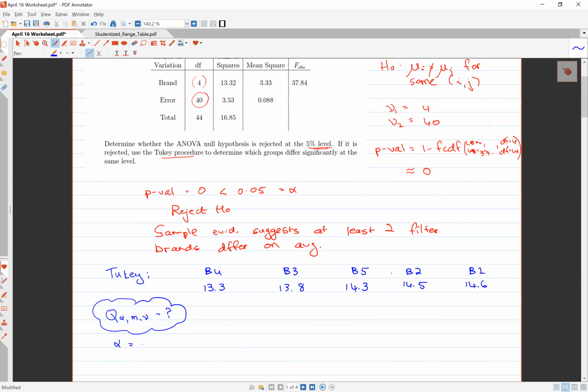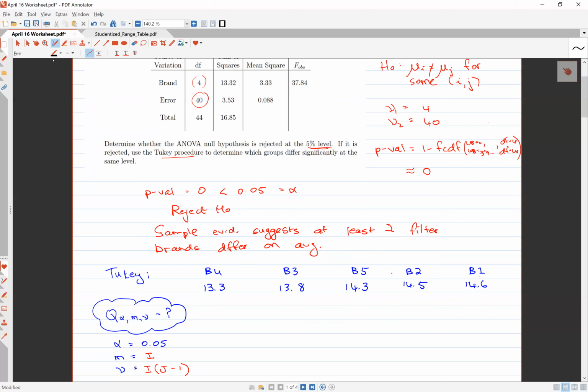Alpha in this case is 0.05, and I actually believe I omitted giving the formulas for the degrees of freedom when I was recording the video yesterday. So the first degree of freedom value, M, is equal to I, and the second degree of freedom value, nu, is equal to I times J minus 1. So they're almost the same as for the F-test.